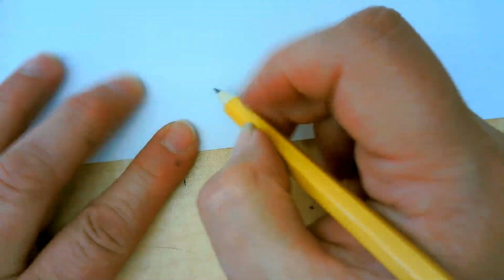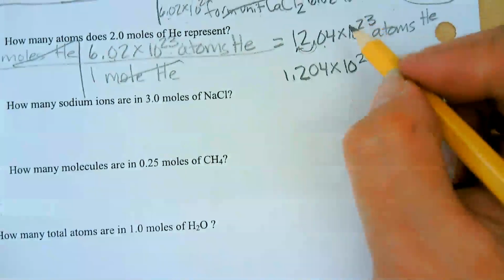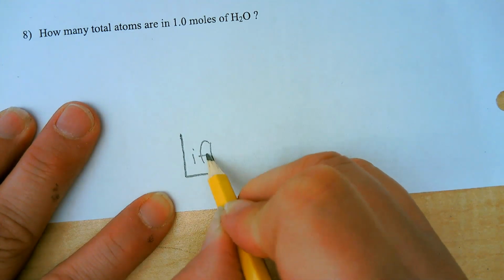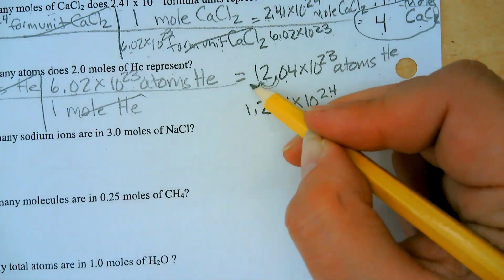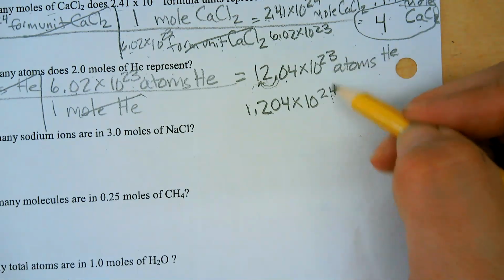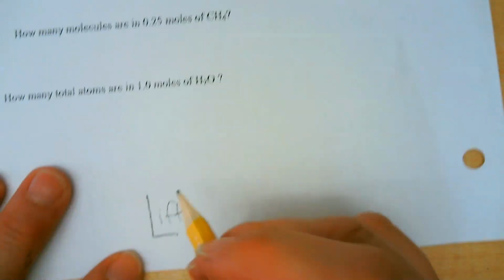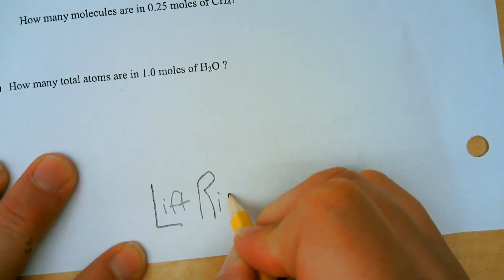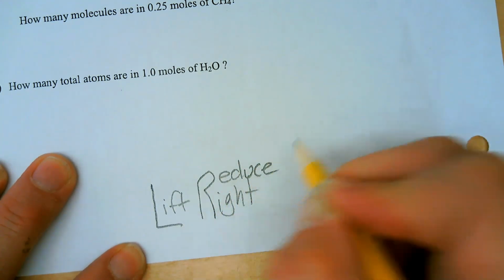And that is, if you move the decimal to the left, you lift the exponent. You lift it up 1. You raise it up by however many places you move the decimal. If you move the decimal 2 places, then you raise it by 2. But you lift the exponent if you move the decimal to the left. If you move the decimal to the right, you reduce the exponent.